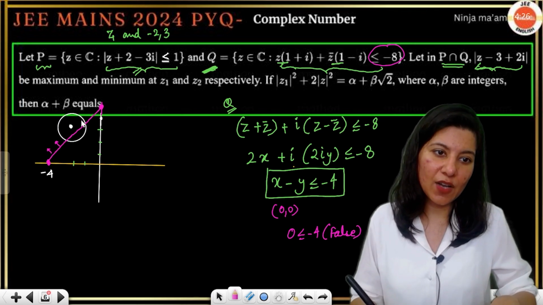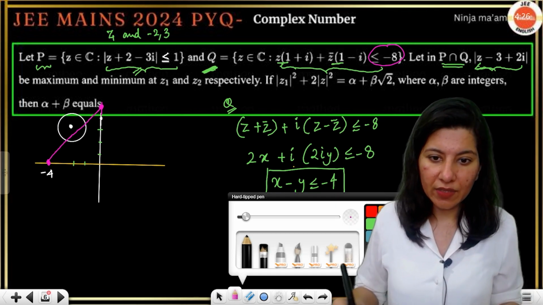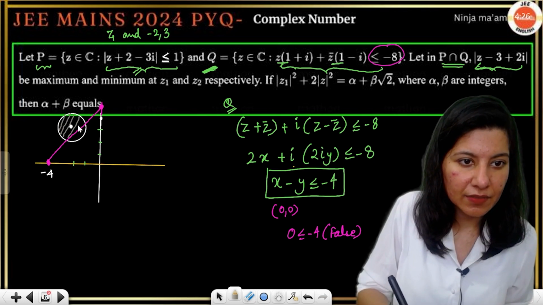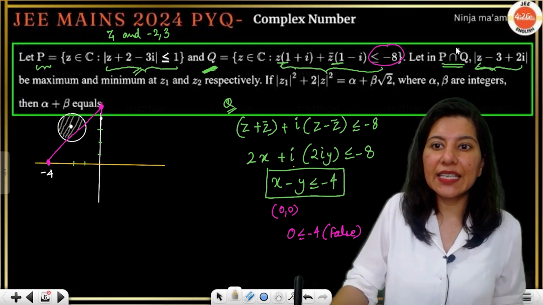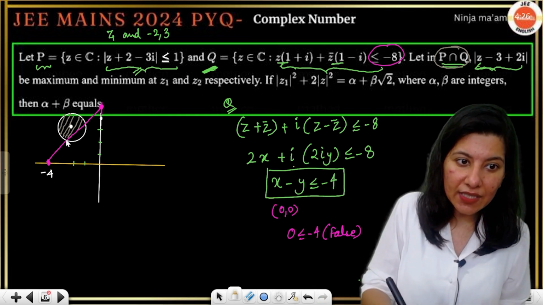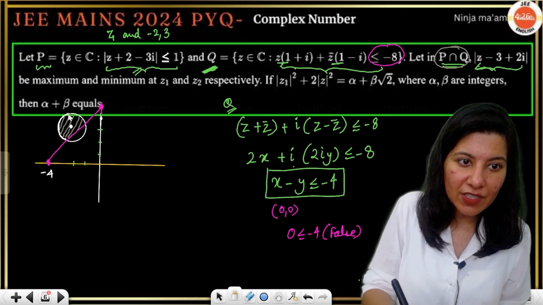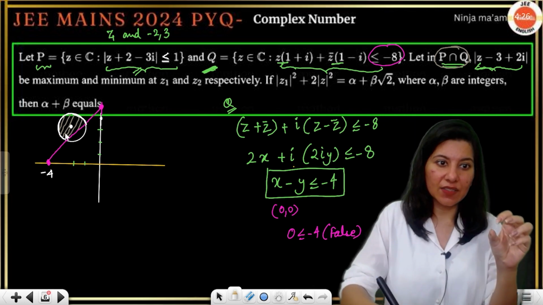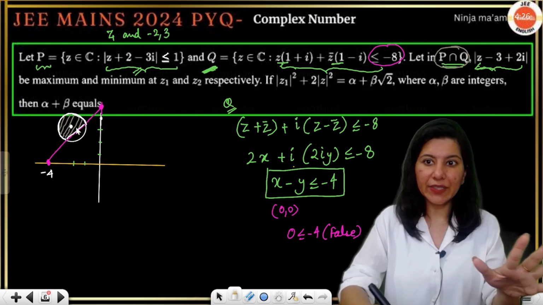Let me just shade it now. This is the common region. P intersection Q, right? So z will lie on this portion of the circle, or inside this circle, the upper half of the circle.